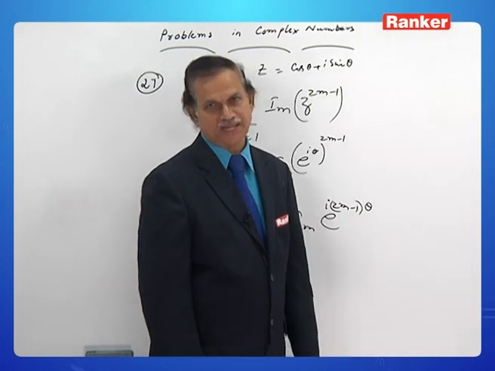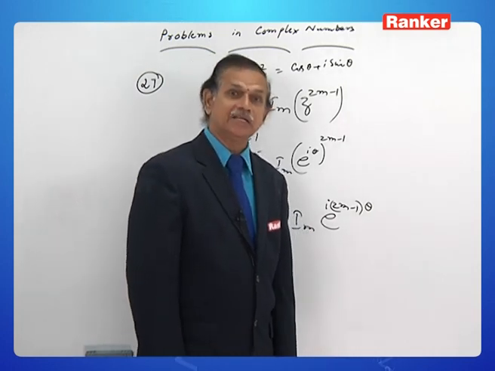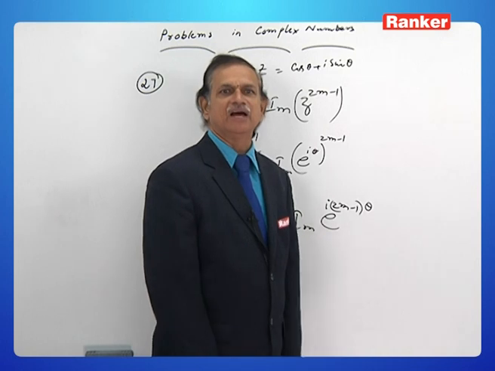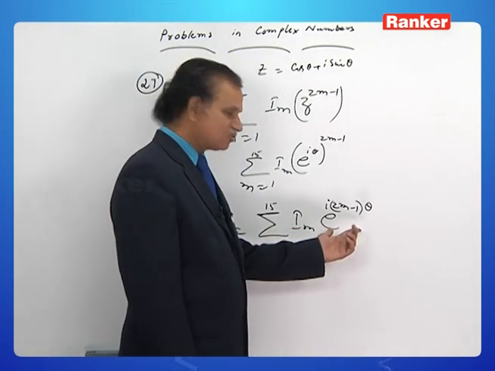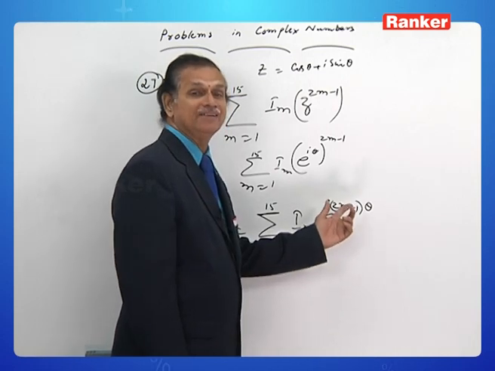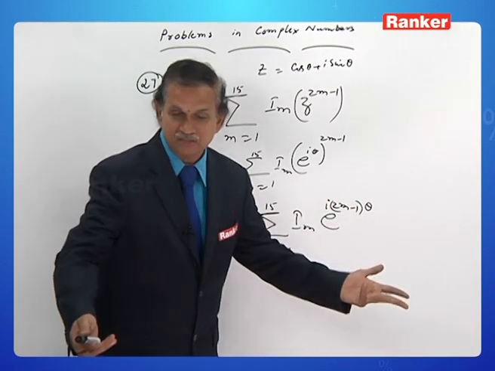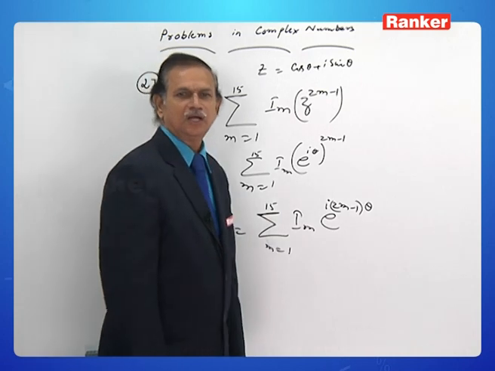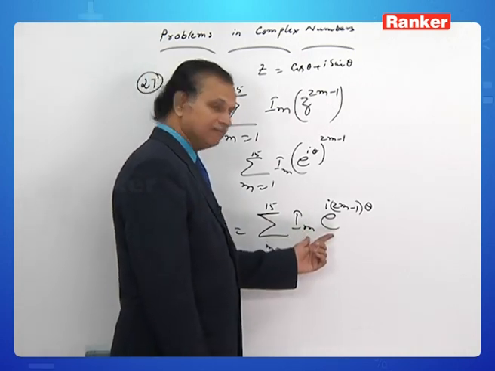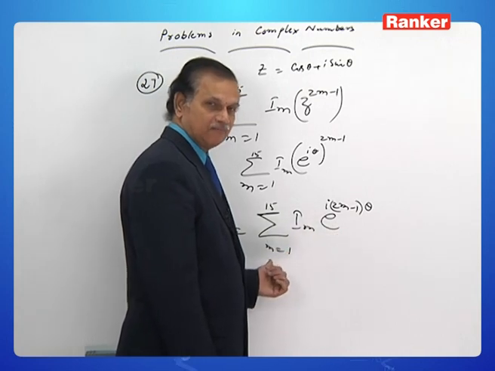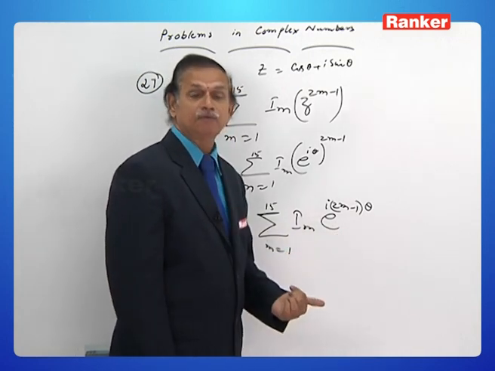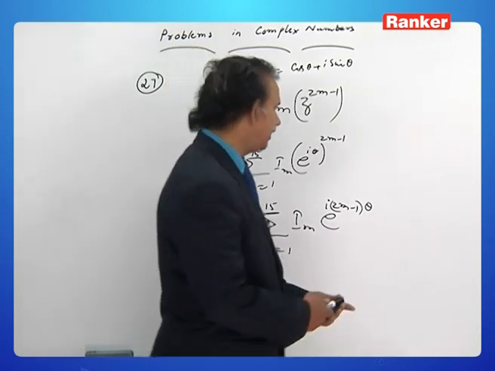Cos alpha plus i sin alpha. What is the imaginary part of that? Sin alpha. Hence, the imaginary part of this entire thing is just nothing but sin of (2m minus 1) into theta, right? Yes, of course. So, the term whose sum is required with this summation symbol is nothing but sin of (2m minus 1) into theta.